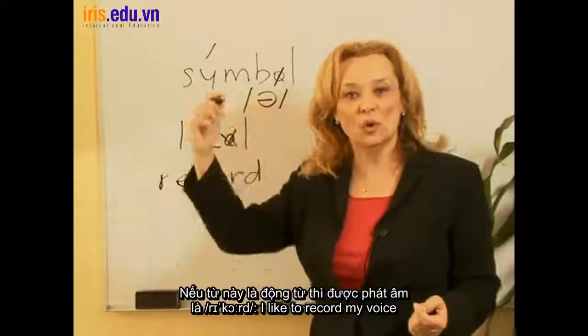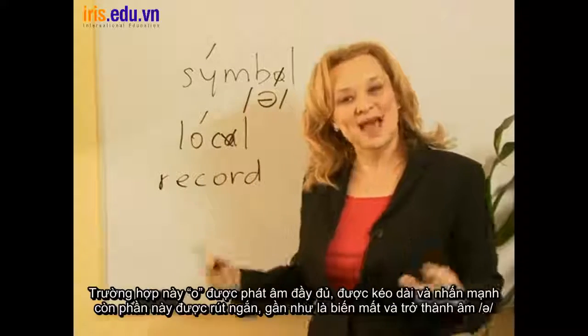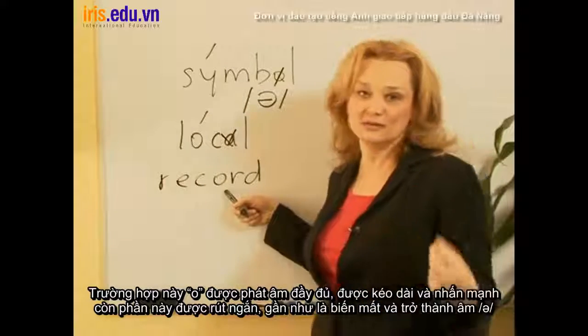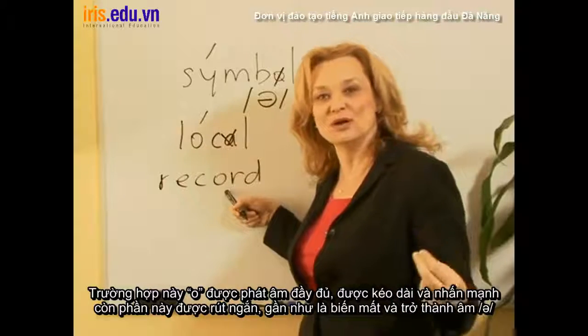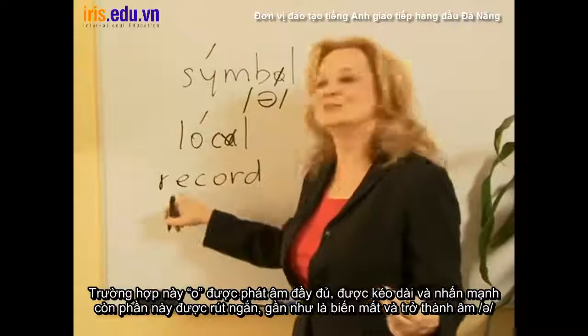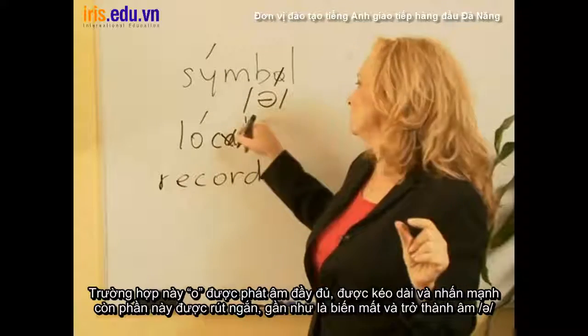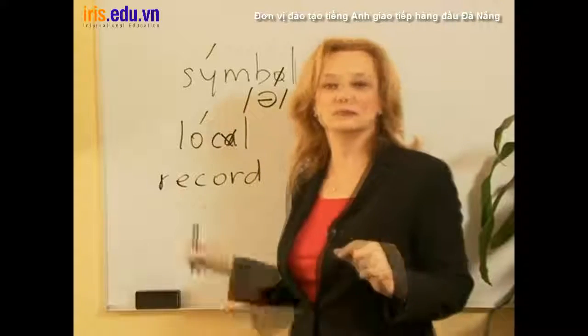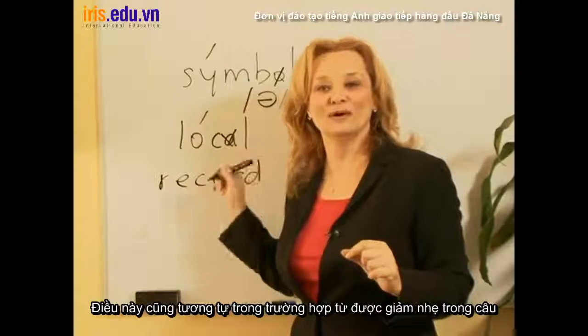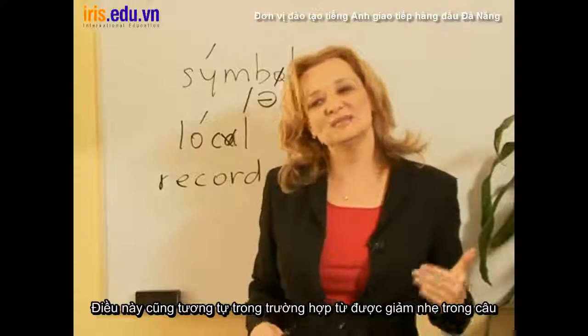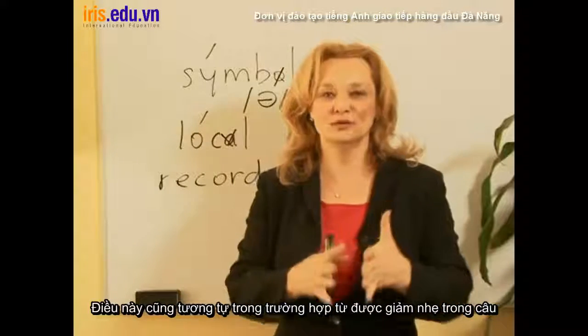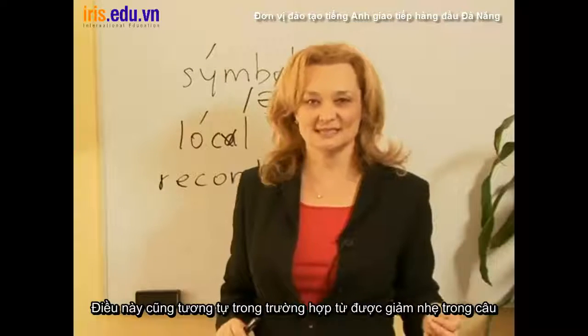I'd like to record my voice. In that case, the O is fully pronounced. It's prolonged and it's stressed. And this part now becomes short. It almost disappears and it becomes the uh sound. Record. Record. The same thing happens when words are reduced within sentences.